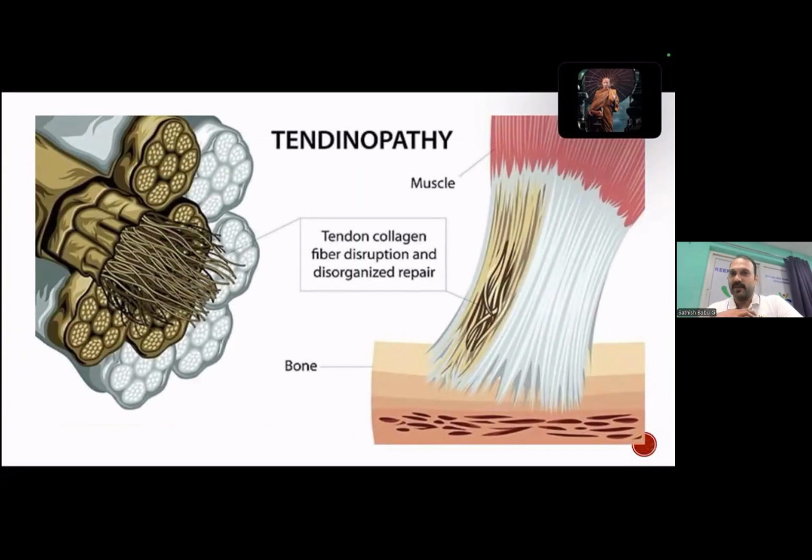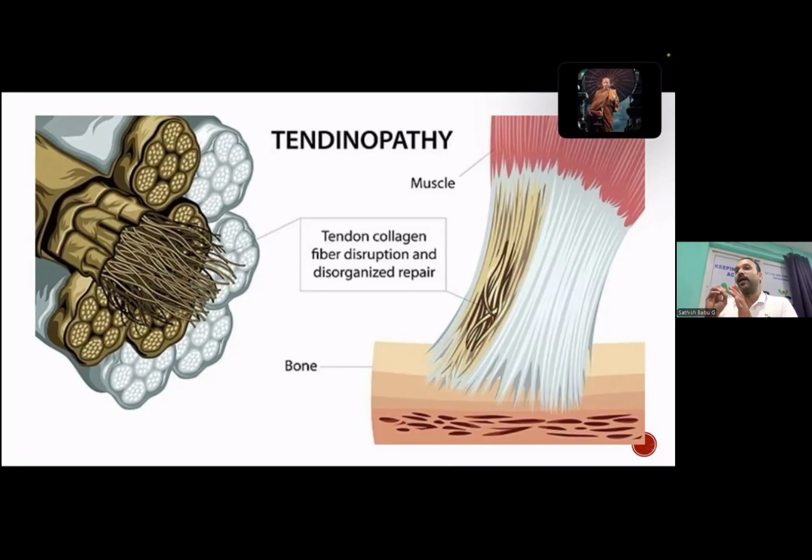So tendinopathy, as I mentioned, is a very common terminology to refer to both. In the previous slide we saw that tendinitis is inflammation, and tendinopathy involves micro tears. Every time a micro tear happens, there is a tendinitis. So there's an inflammation, and the healing mechanism has failed.